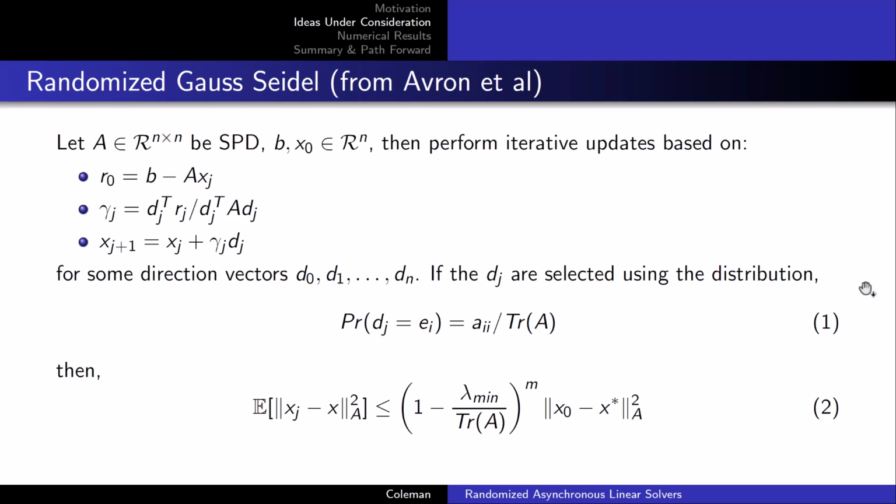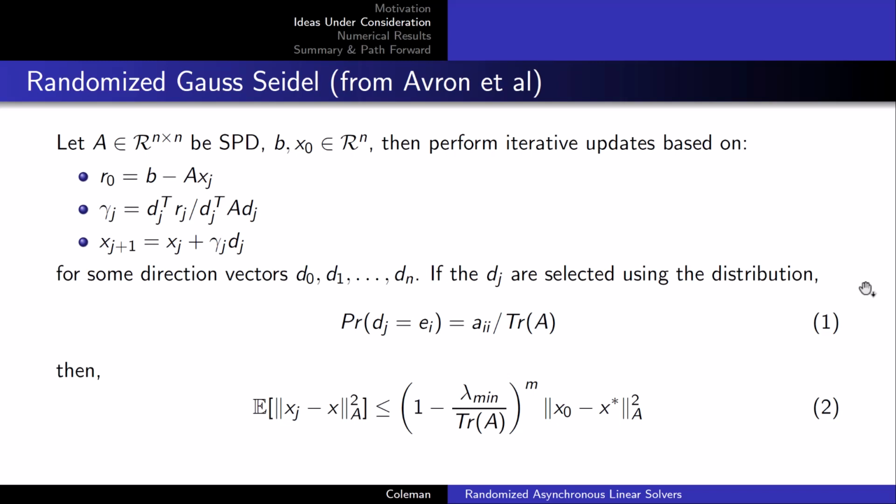And that probability is weighted to select more frequently the components of the problem that have a larger diagonal element. So in our linear system, in some sense, we're trying to select the parts of the matrix that are bigger as judged by their diagonal element, which is a fair way to think that you might be solving more important parts of the problem. So we're just finding a discrete probability distribution based on that.